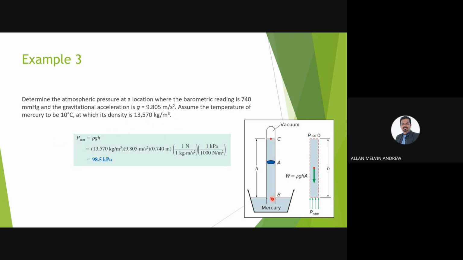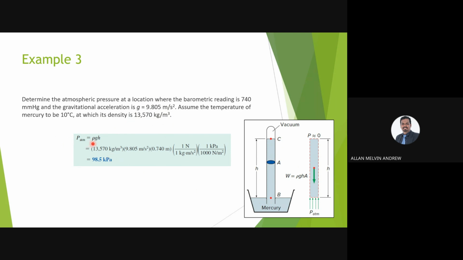Because you want to measure the atmospheric pressure here, it is rho gh, since you are starting from here. Point B equals atmospheric pressure, so we are actually calculating the pressure at point B. So rho gh, where rho we know is 13,570.